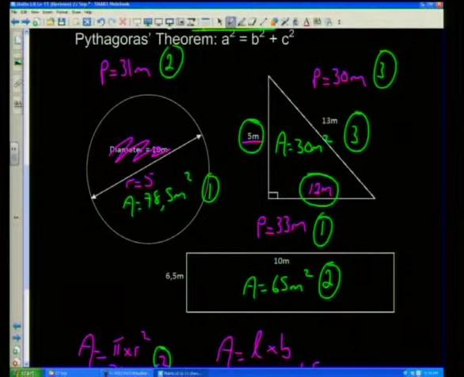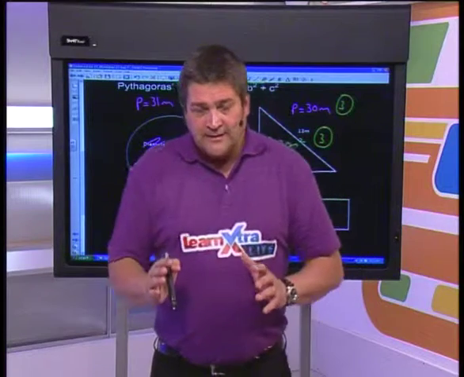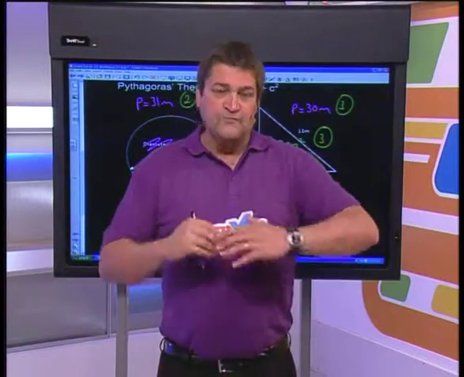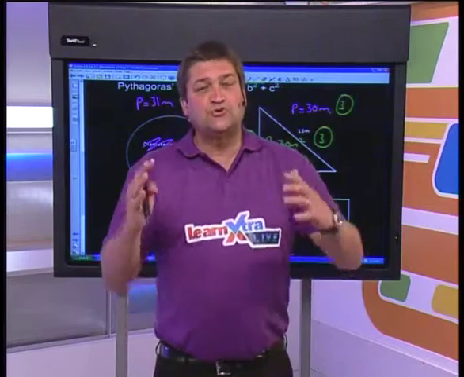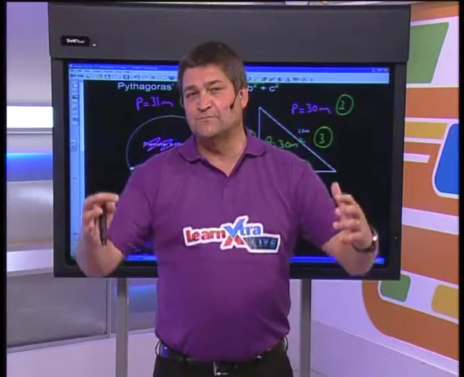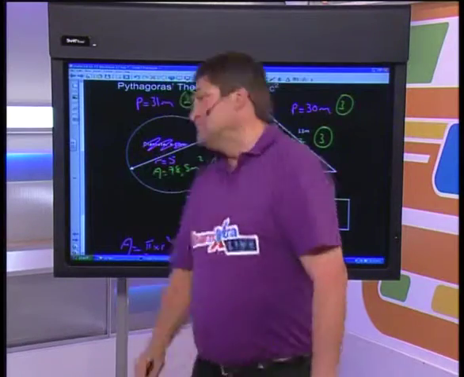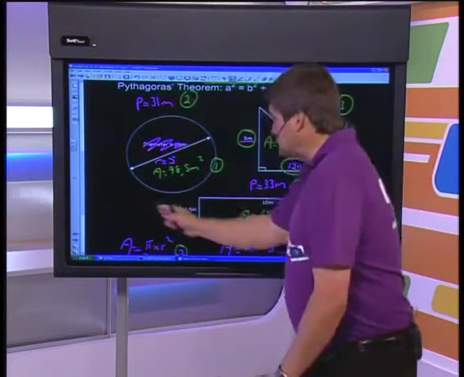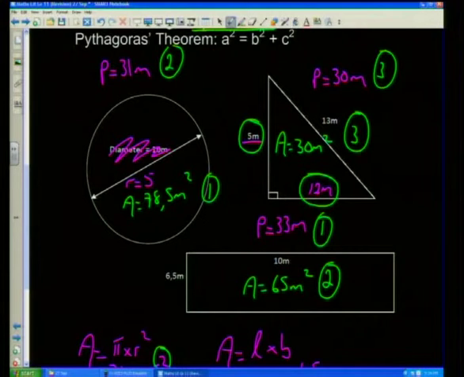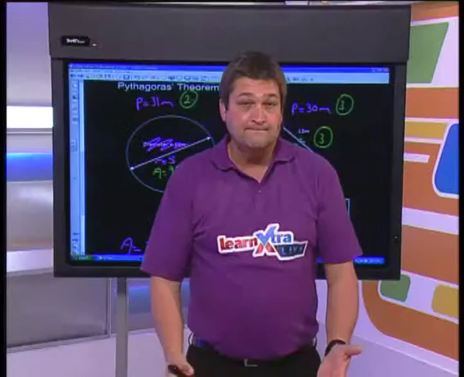Now, folks, I want you to look at something here. In perimeter, it's like we've gone out and we bought some fencing. And with that fencing, we're trying to make the biggest possible area that we can make. So, if I look at this perimeter here with 31 meters of fencing, I'm able to make 78,5 meters squared area.